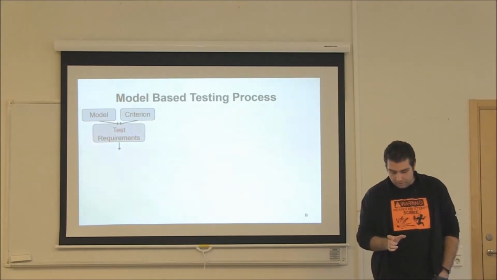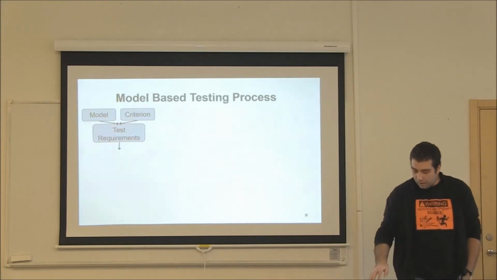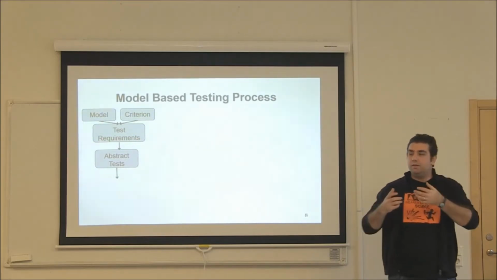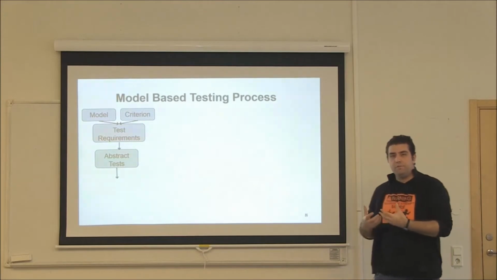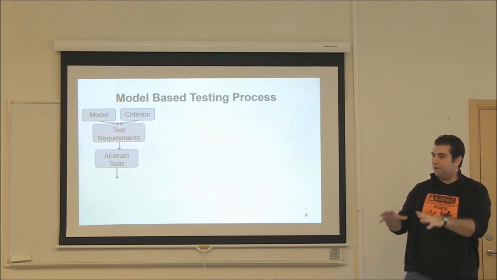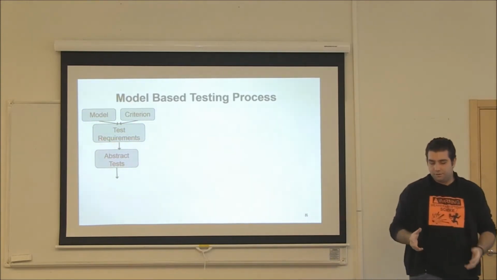Based on this, you devise a test requirement. And you use this to generate abstract tests, meaning they're tests that cannot be executed because they're coming from a model that is very, very abstract. So you don't have everything you need, the harness, to actually execute them.